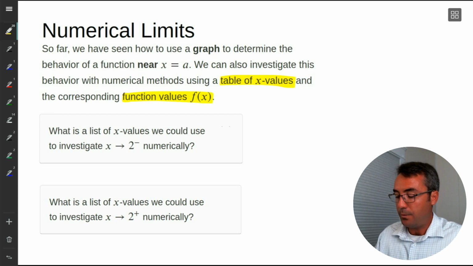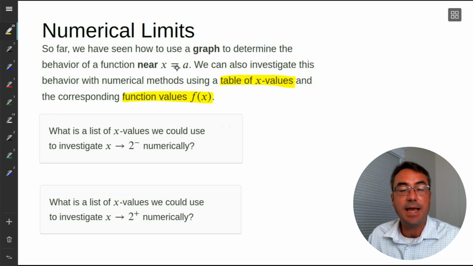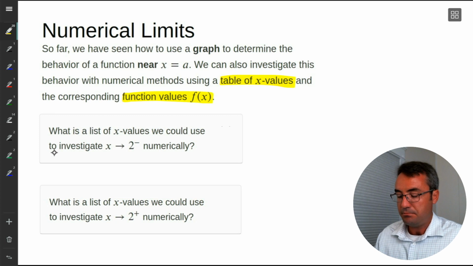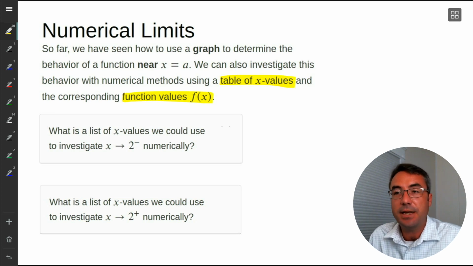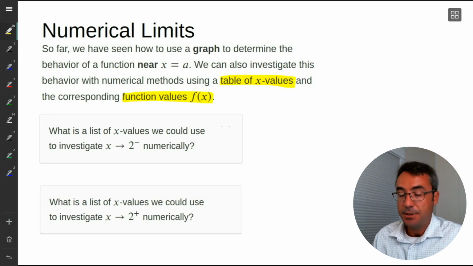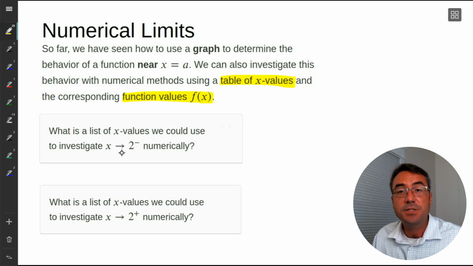All right, so we want to talk about what happens as we get near x equals a. So what is a list of possible x values we could use to investigate x getting closer to 2 from the left? And we want to do this numerically.